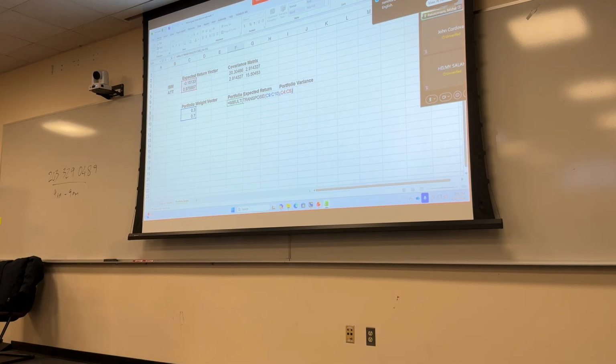So with two stocks, it doesn't seem like we're saving a lot of effort by entering this matrix formula. But with 100 stocks, we do. Because with 100 stocks, we have 100 terms in the formula that you have to enter. Whereas if you use matrices, it's still the same short formula, right?